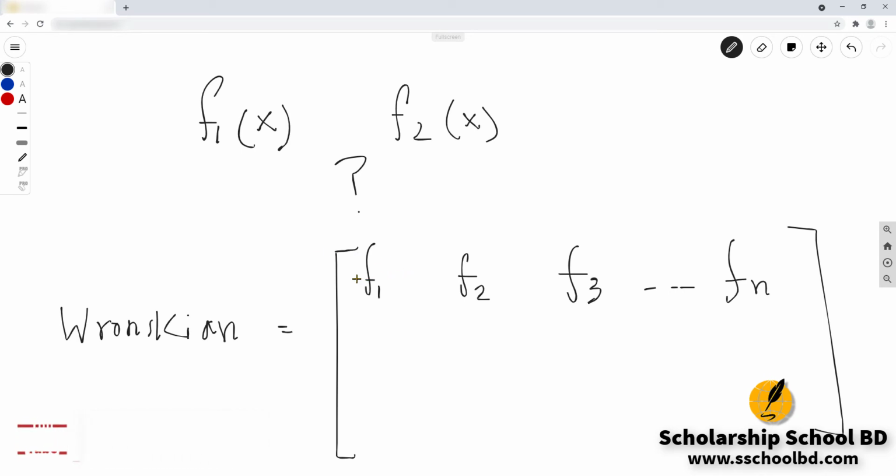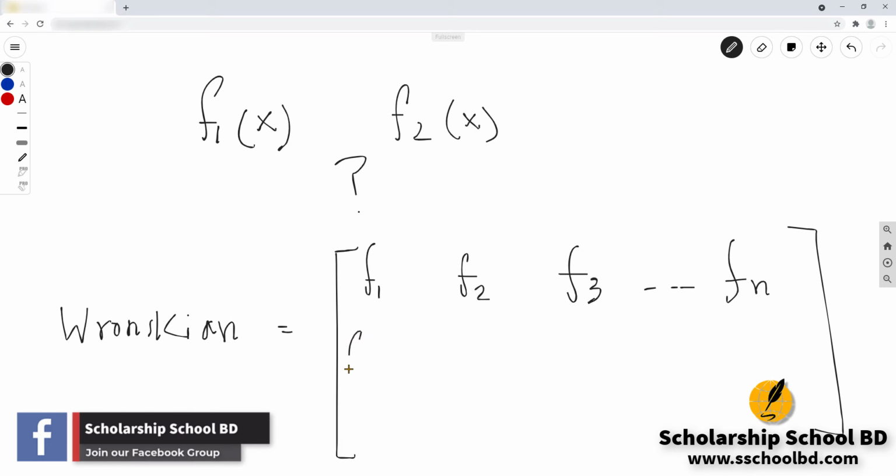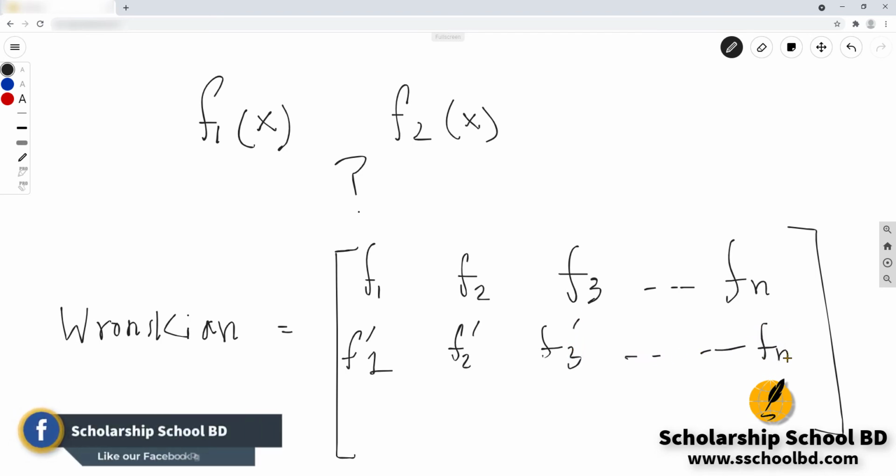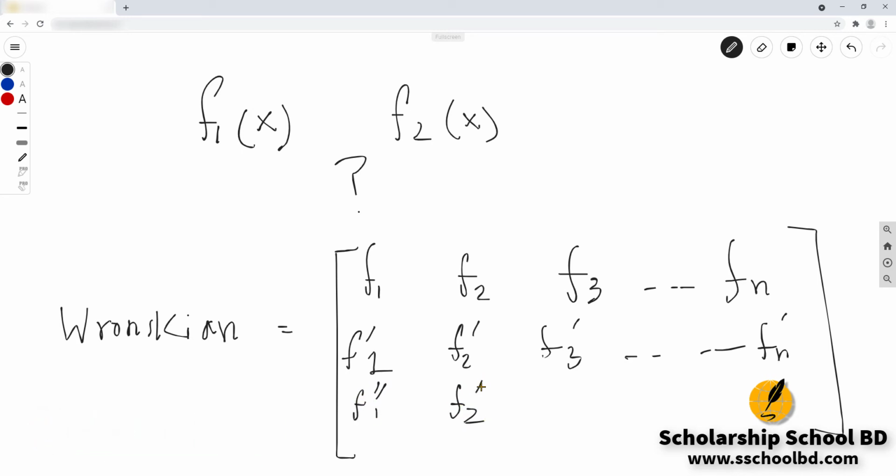In the first row, you put all the functions, and in the second row, you take the first derivatives of the functions. So these are the first derivatives of the given functions. And in the third row, you take the second derivative of the functions. And in the last row, you take the nth derivative.